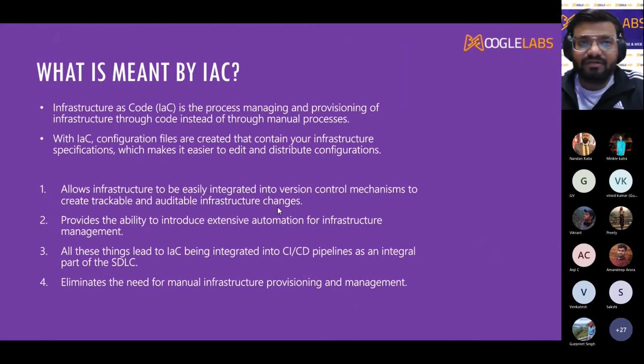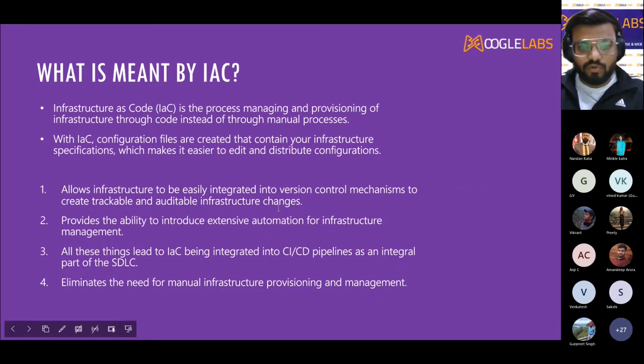What is meant by infrastructure as code? First of all, we have learned what a basic infrastructure is. So now what is meant by infrastructure as code. It is an approach to manage IT infrastructure in which everything is defined and managed through code. So basically we write each and everything regarding our infrastructure in code.